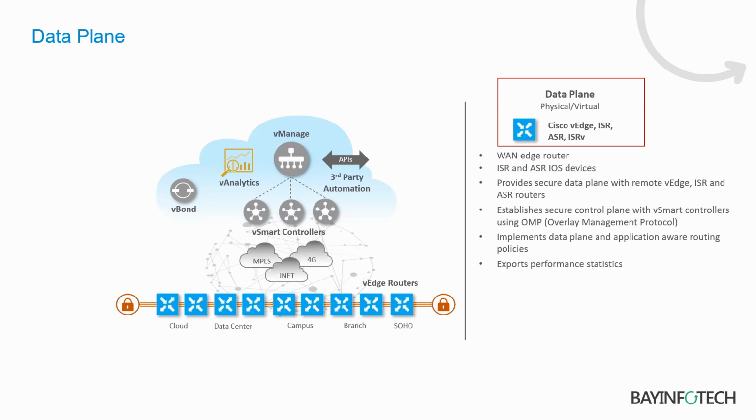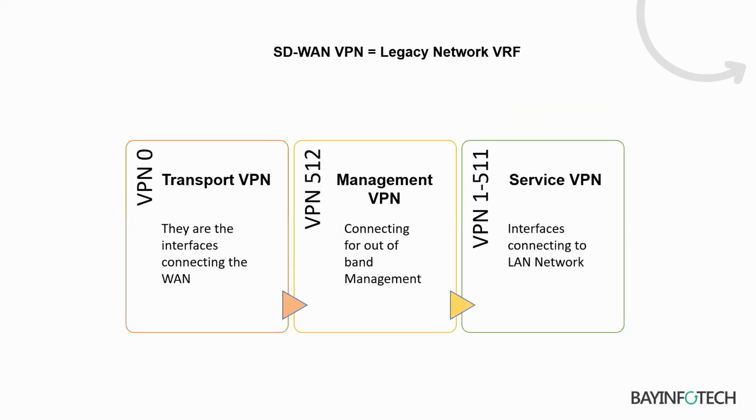Physical form factors are deployed as appliances with either 100 MB, 1 GB, or 10 GB based on the throughput needs. The virtual form factor can be deployed in public clouds such as AWS and Microsoft Azure, or as an NFV on the vManage platforms leveraging KVM or ESXi hypervisors.